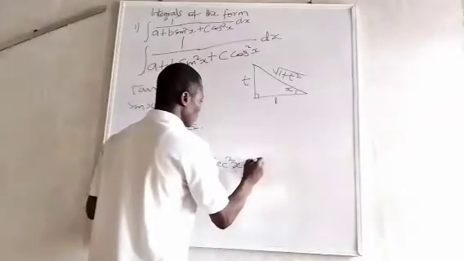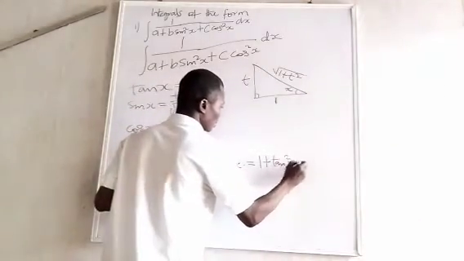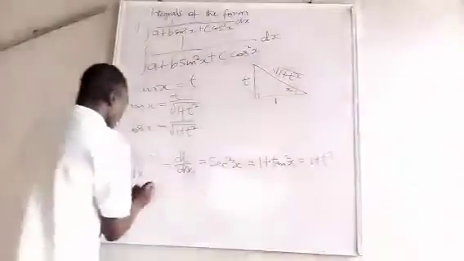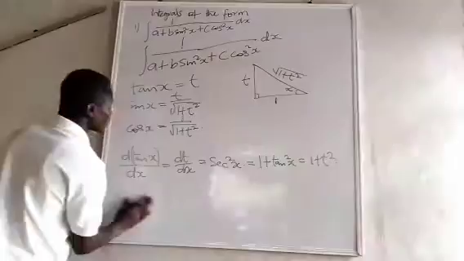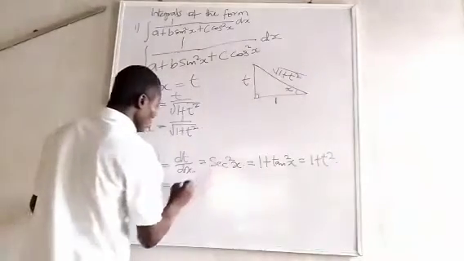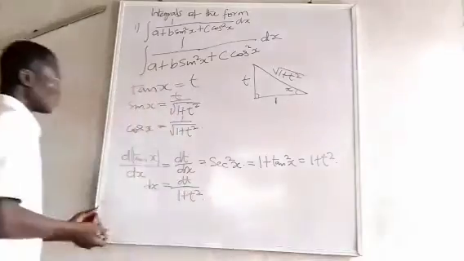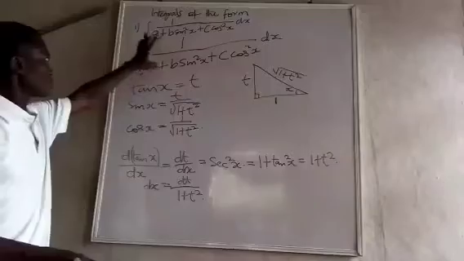It's going to be 1 plus tan square x, which is 1 plus t squared. So which means that our dx, because we need an expression for dx, will be equal to dt over 1 plus t squared. So with this, we have all four. We can go on with our work now.